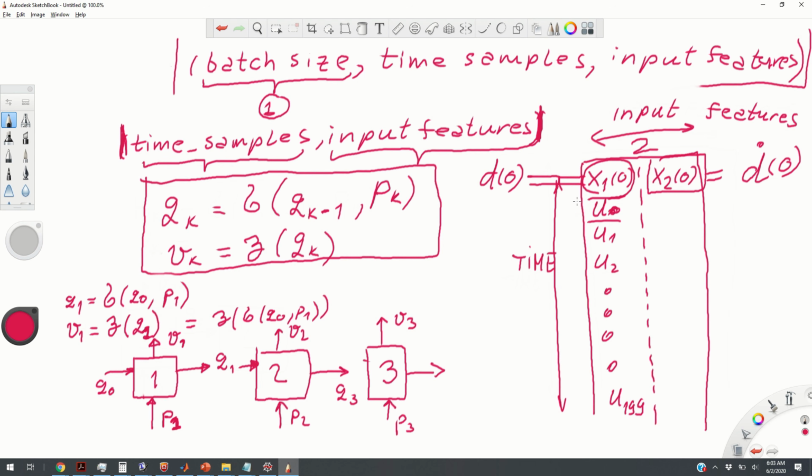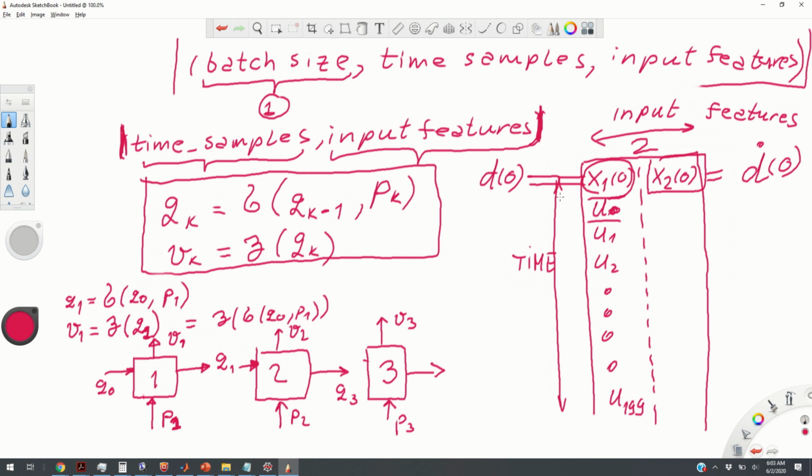Probably there is a more elegant way to avoid doing so, because in practice we often do not know the initial state of the system.